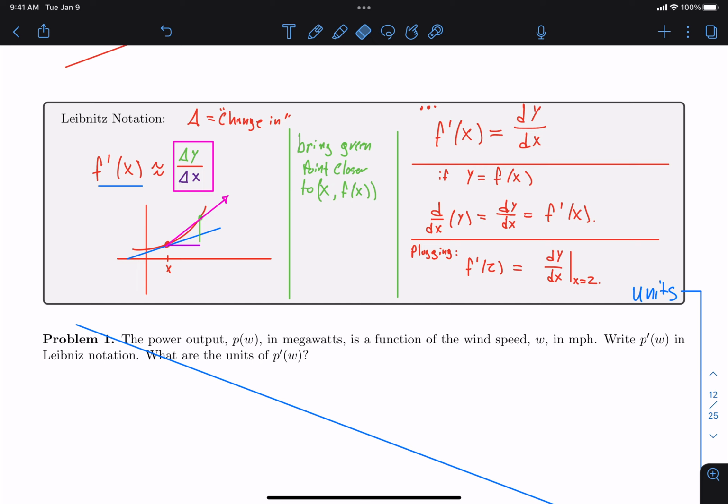Okay, so way back in the day when calculus was invented, the story goes that it was invented simultaneously by two different individuals. Isaac Newton, who, by the way, was insane.